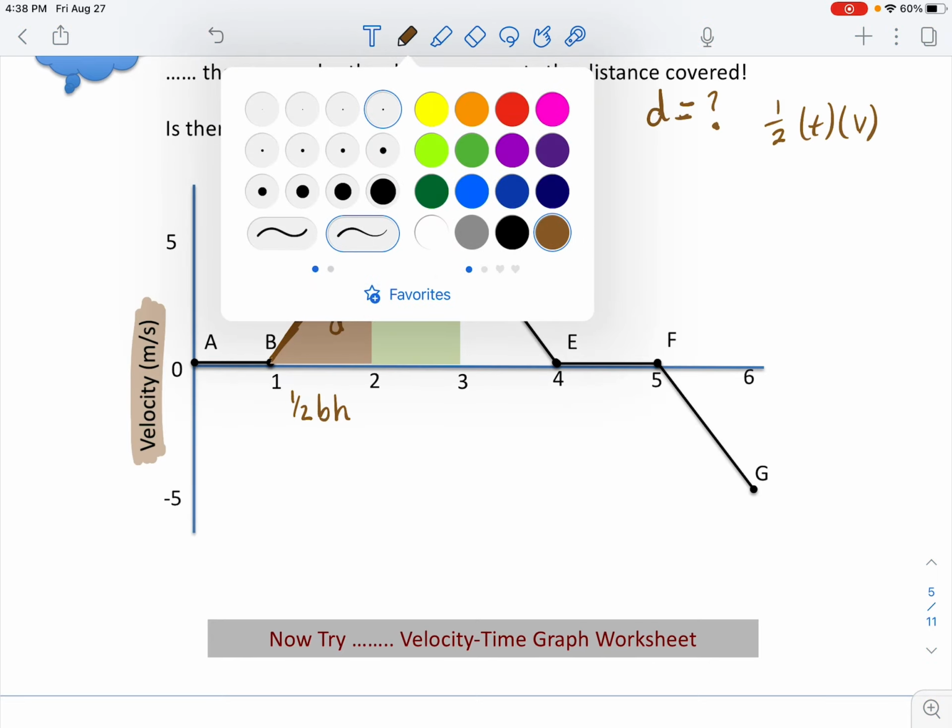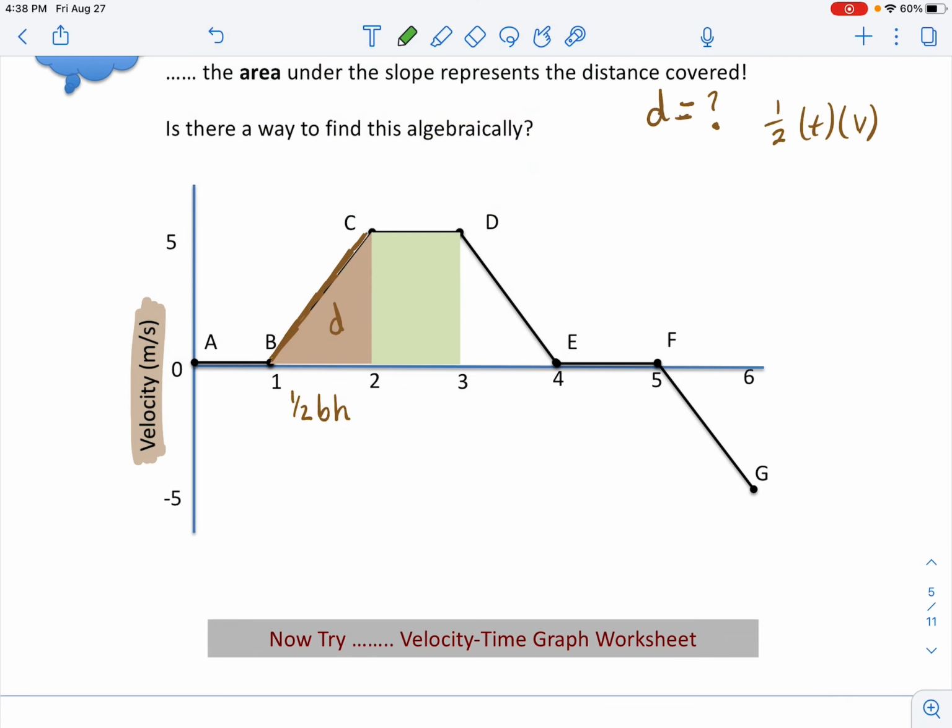If we were trying to find the displacement that the object experiences during segment CD, well, now this makes a rectangle. So to find the displacement here, we would say displacement is just base times height, okay? Which would just be velocity times time.